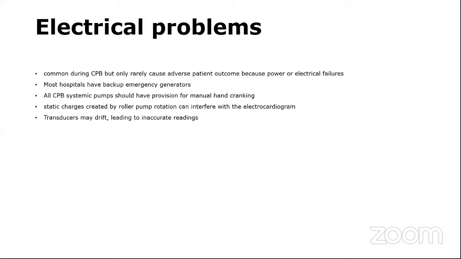Sometimes the cardiopulmonary bypass system has its own batteries in some new generations, and all cardiopulmonary bypass pumps, especially the roller pump, should have a provision for a manual hand crank if there is no electricity.